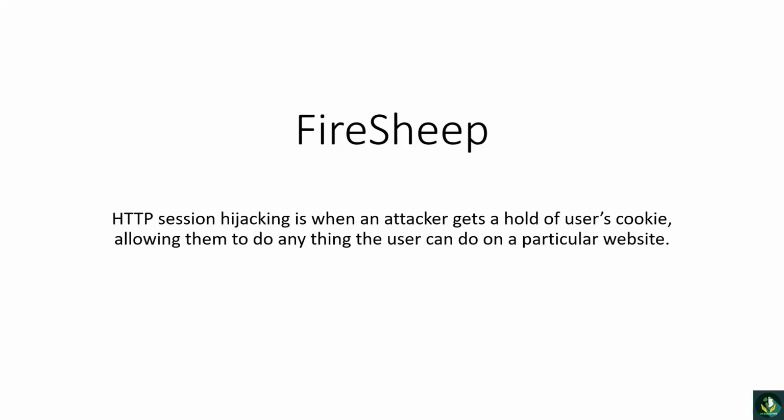In fact, with the case of Firesheep, we talked about how Firesheep exploited HTTP session hijacking, which is very clear about what happens when an attacker gets hold of a user cookie: they can do anything the user can do on a particular website.